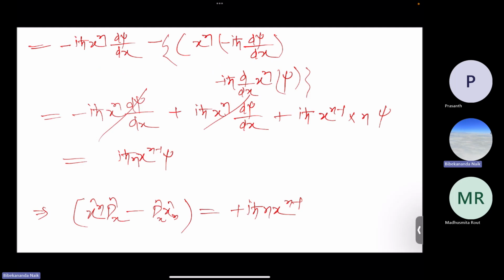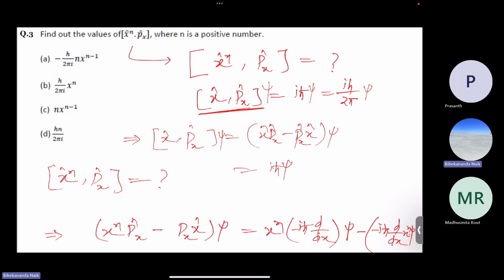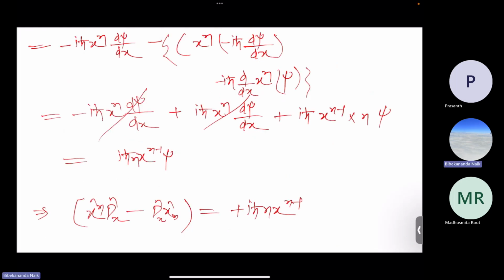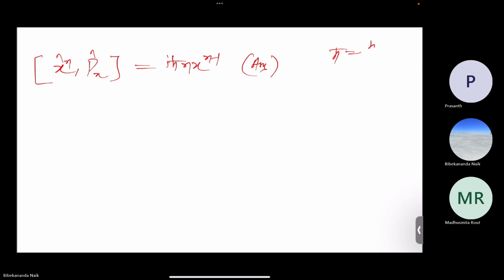So the commutator of x to the power n and px cap will be i h cross n x to the power n minus 1. So this will be the correct option. If you see the options, there is no h cross, but we know h cross is nothing but h by 2 pi.